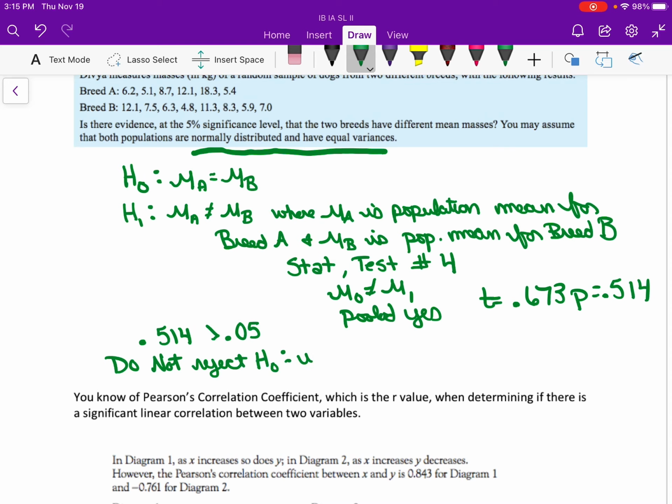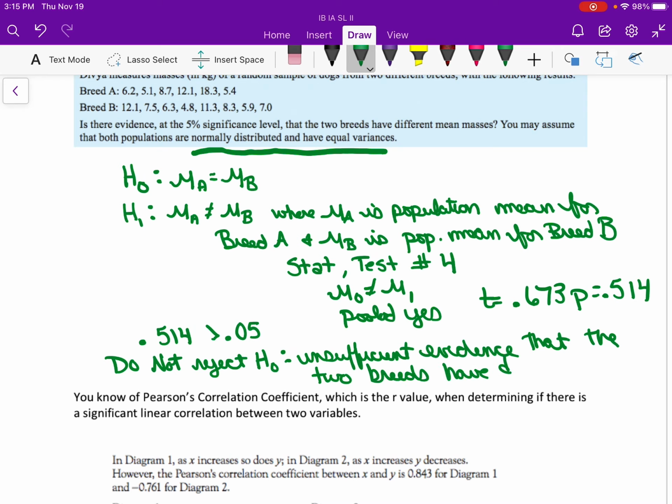All right, so insufficient evidence that the 2 breeds have different mean masses. And hopefully you're getting better with interpreting what the significance level means and how that works.